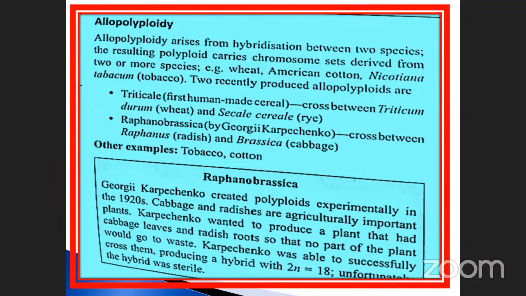It is a cross between Raphanus sativus, radish, and Brassica, which is nothing but the cabbage, Brassica oleracea. When you are going to study trinomial nomenclature, what is the meaning of trinomial nomenclature? Anybody else?